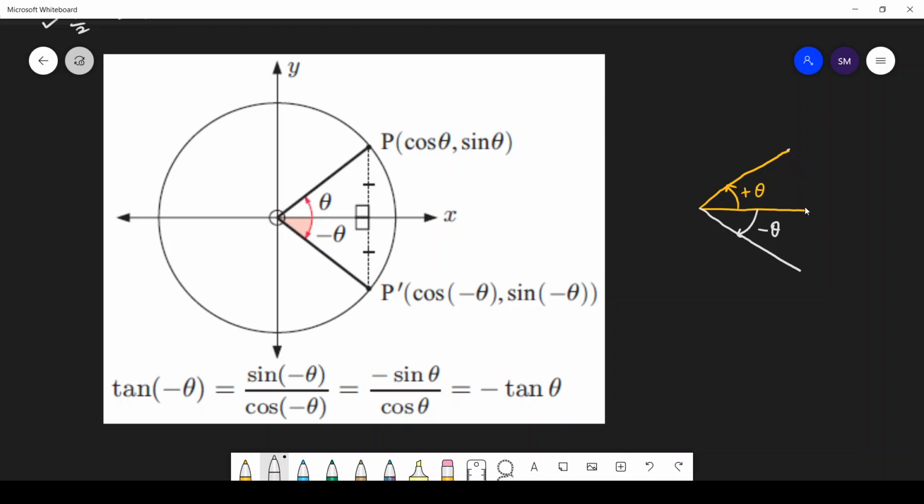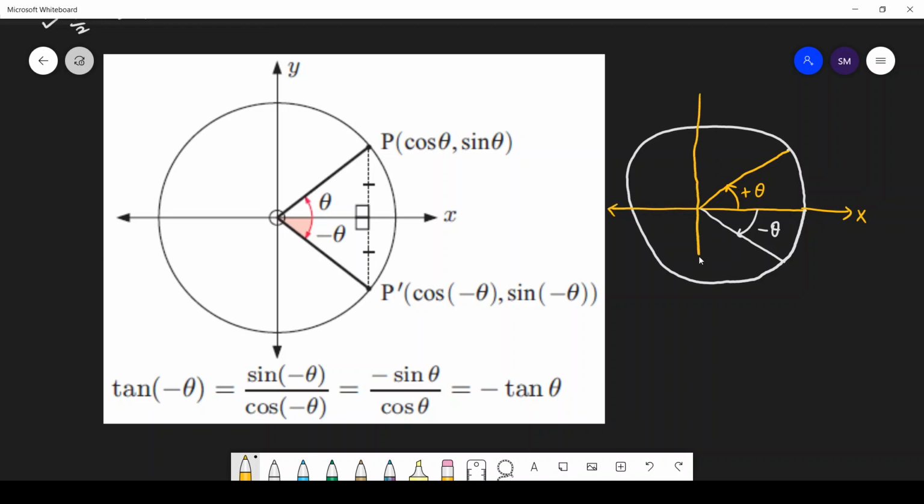So I have a unit circle over here. Now it's my x-axis. So what are the coordinates of this point? In terms of theta, I can always write cos theta, sin theta.